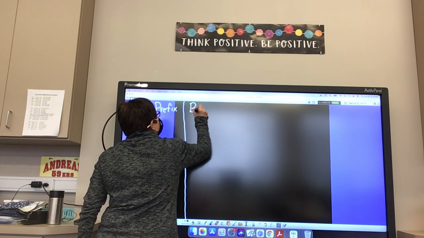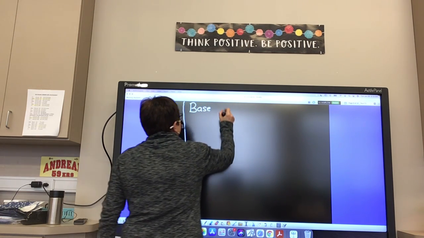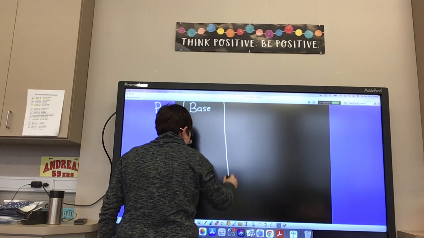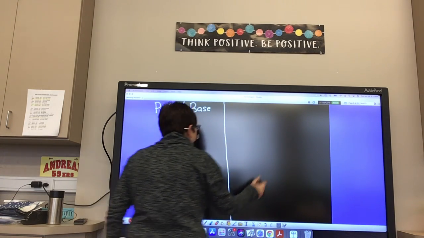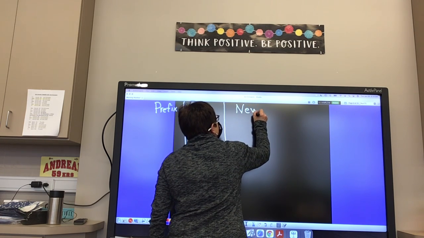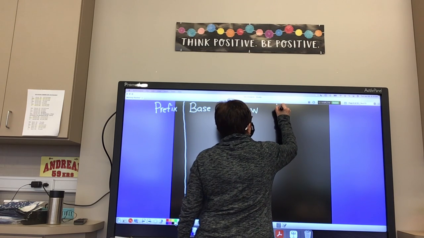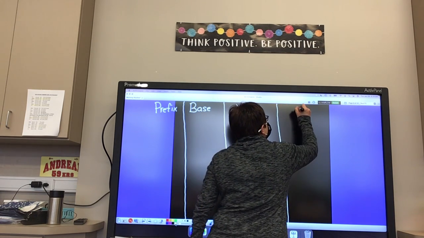Base word. New word. Oh, actually we're going to need 4. New word and then meaning.